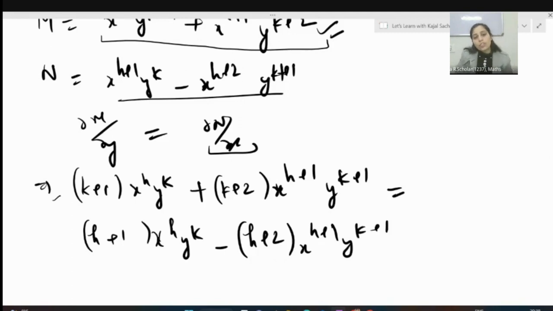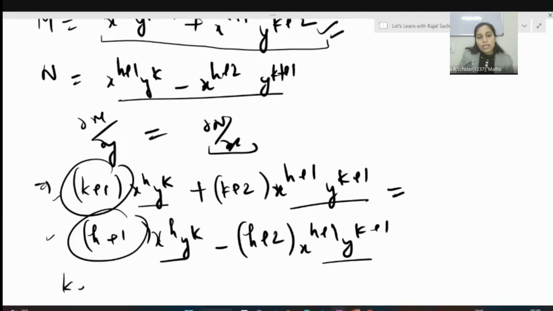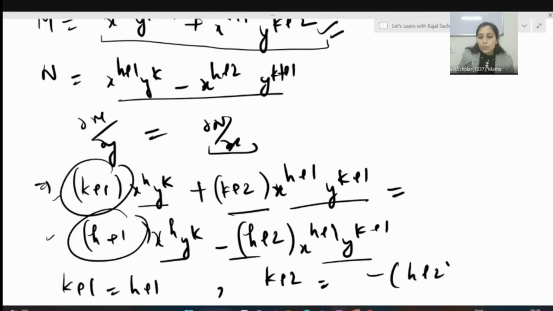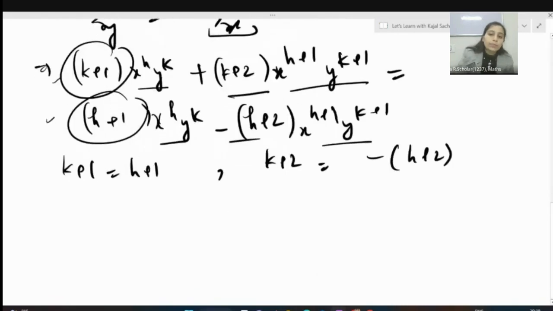Now these two expressions will be equal if the like terms are equal, so taking their constants also equal, we get k + 1 = h + 1 and k + 2 = −(h + 2).